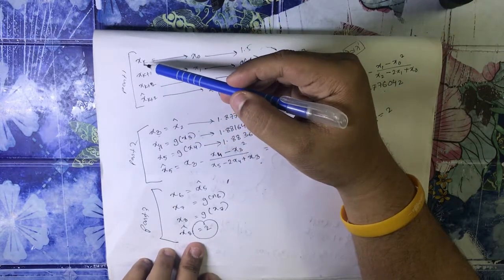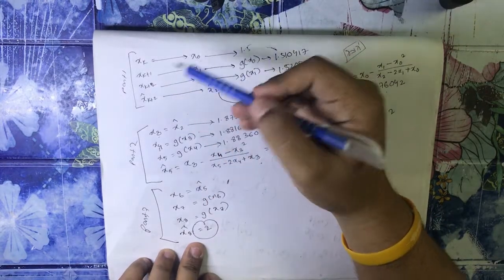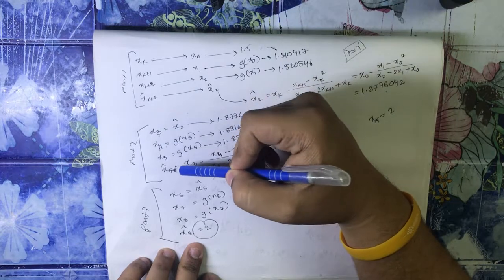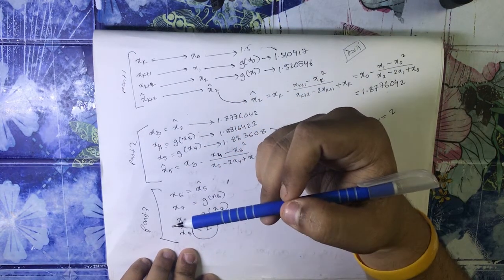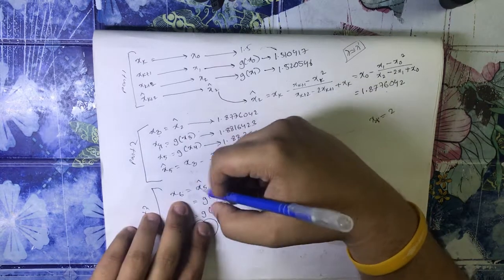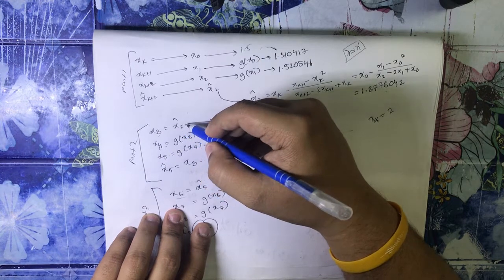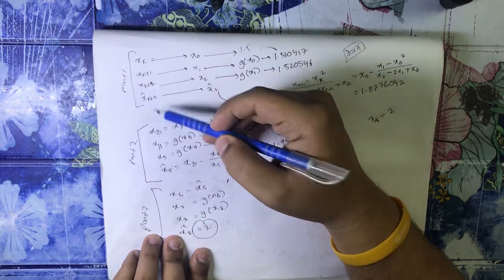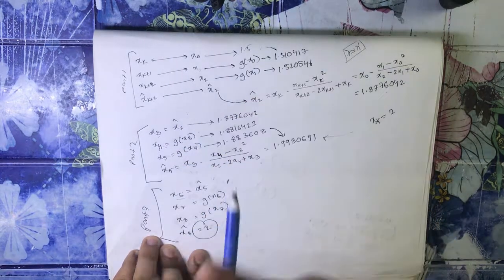So see, how many steps are we using? X naught is given, so 1, 2, 3, 4, 5, 6, 7, 8, 9, 10, 11. If you disregard the steps where x3 is assumed equal to x2 hat, where no calculation is needed, it is 9 steps.